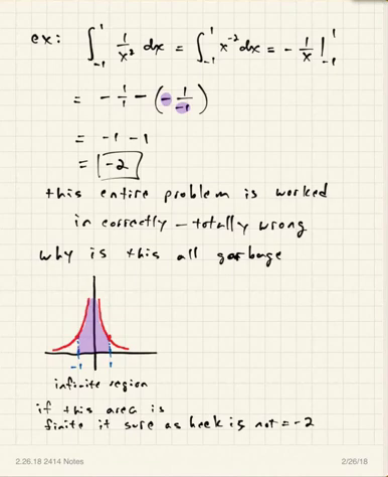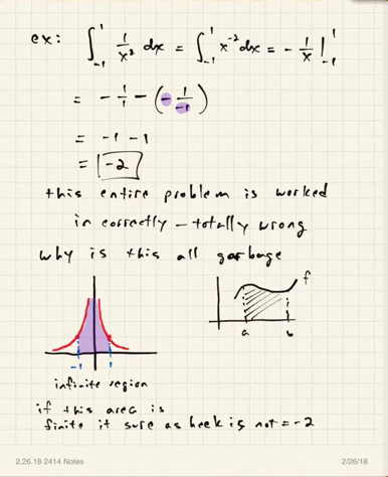We do know that for a nice normal region that sits underneath the curve f, that area is equal to the integral from a to b of f of x dx. But that function does not have any discontinuities between a and b. It's a continuous function.